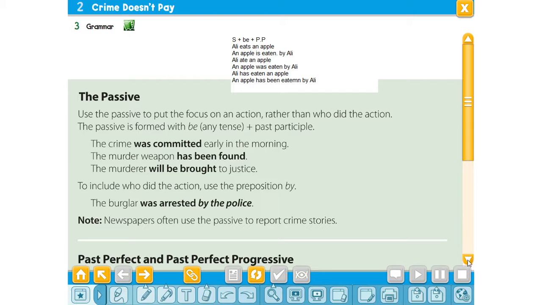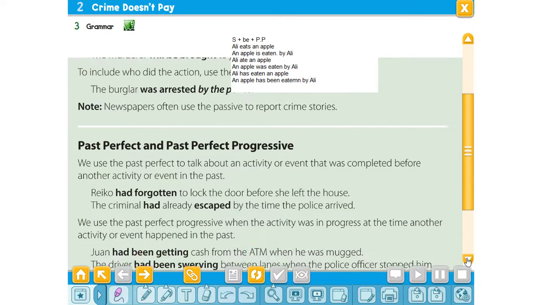Next part is talking about past perfect and past perfect progressive. Let's go to the rule of past perfect. We use the past perfect to talk about an activity or event that was completed before another activity or event in the past. So that means we have two actions in the past. One of them happened before the other one.